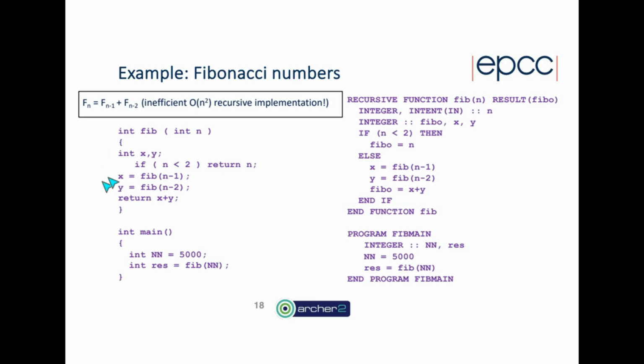One way of computing this, stupidly but recursively, is to have a recursive function fib, which takes the value n, and once we get down to 1, we just return 1. Otherwise, we call fib recursively for n-1 and n-2, and then add the results together and return that. And we have to kick off the recursion somehow, so if we want to know the 5,000th Fibonacci number, we start off the recursion at the top level.